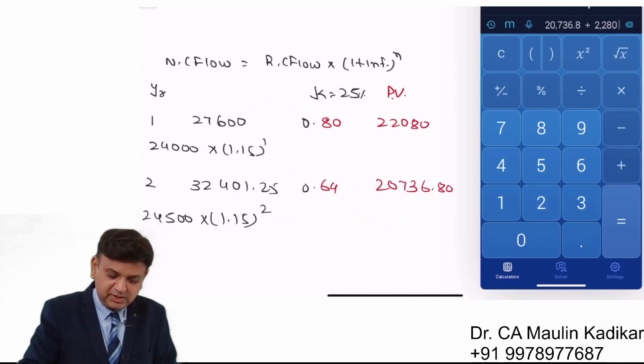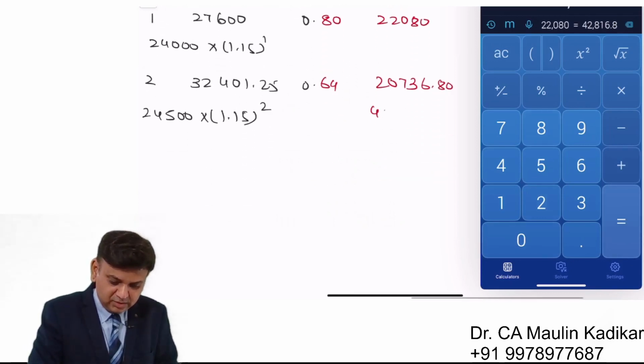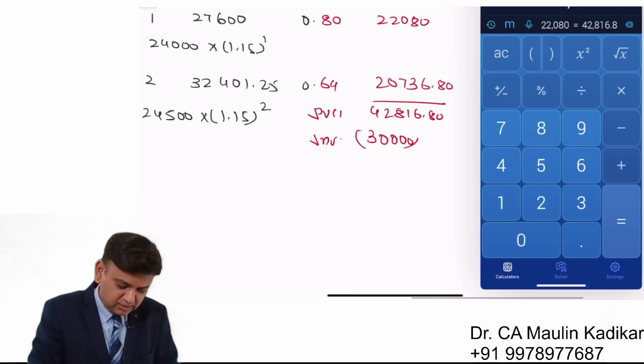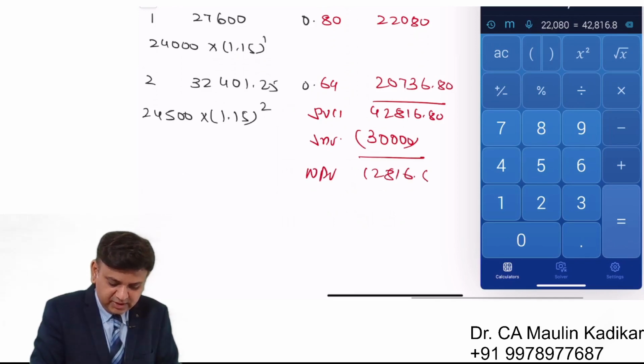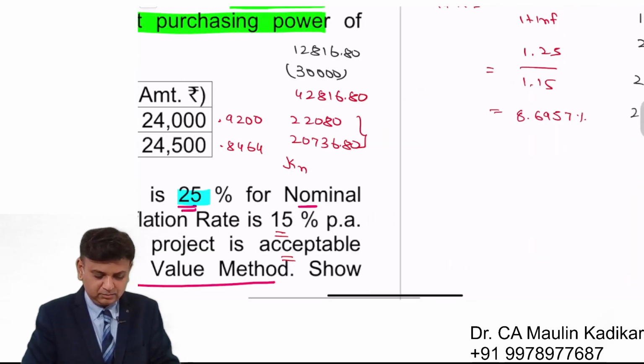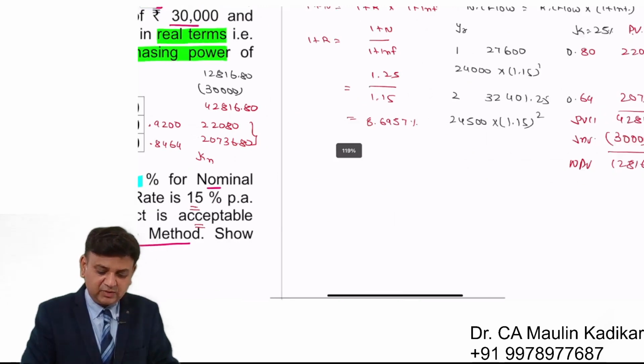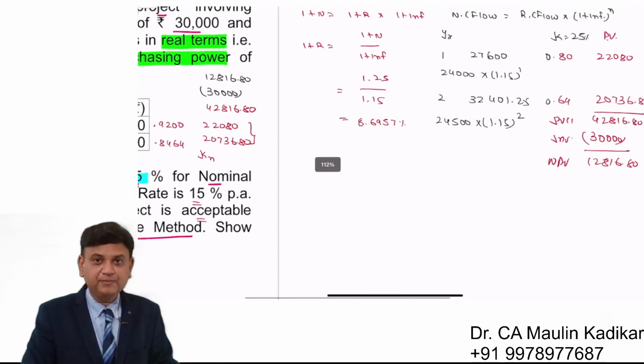Plus 22,080, so it is 42,816.8. Amount of investment is 30,000 and NPV is 12,816.8. So this is the way we are required to make the calculation of NPV.